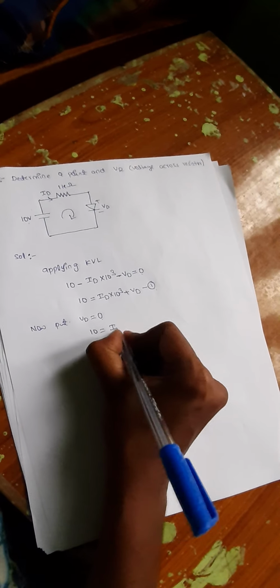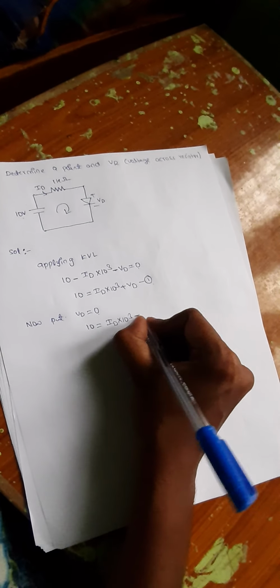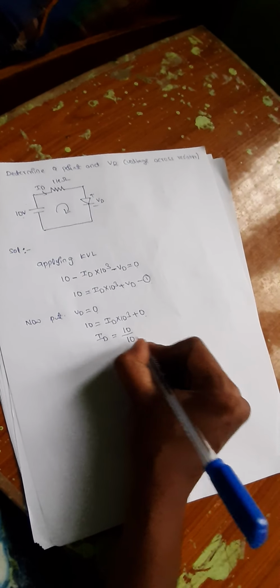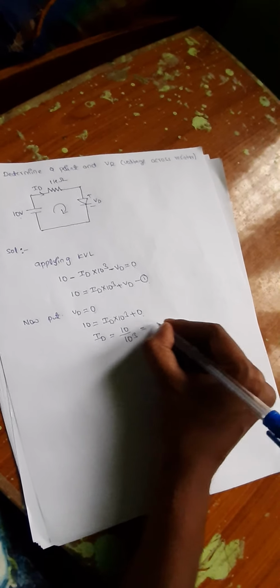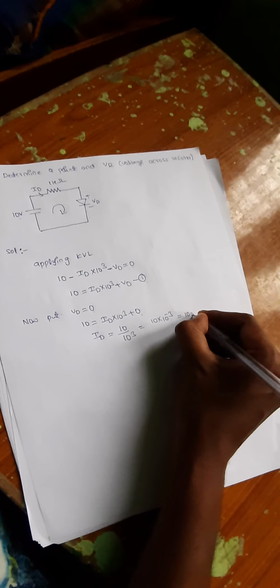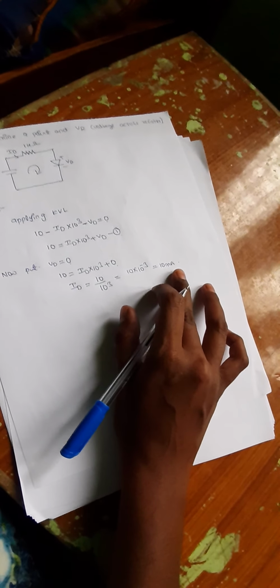Now put VD equals 0, then 10 equals ID into 10 to the power of 3 plus 0. So ID equals 10 divided by 10 to the power 3, which is 10 into 10 to the power of minus 3, equal to 10 milliamps. So ID equals 10 milliamps.